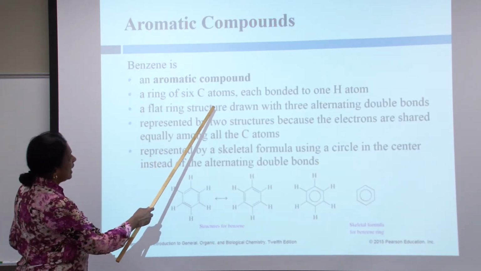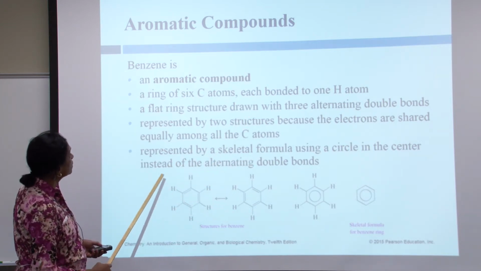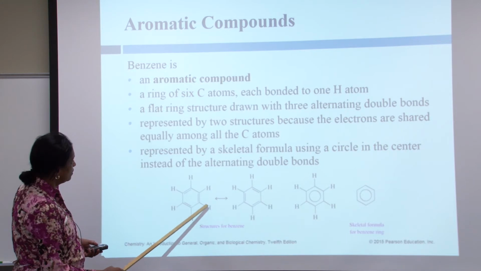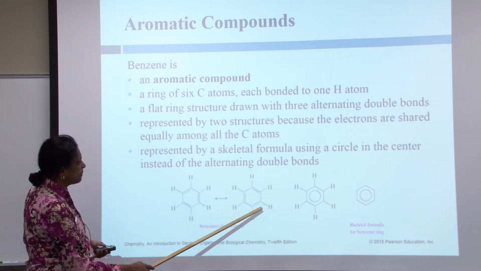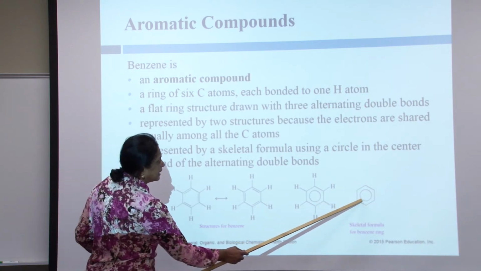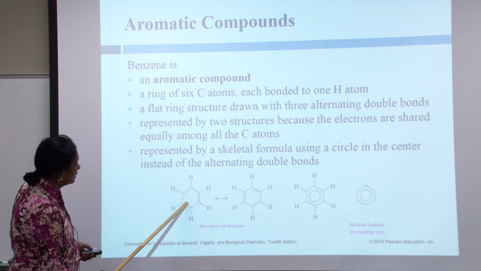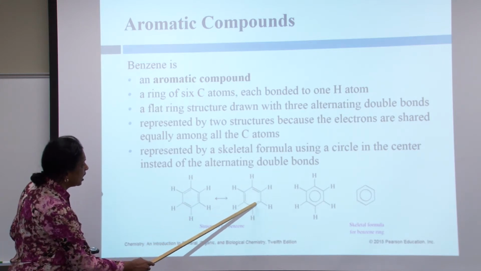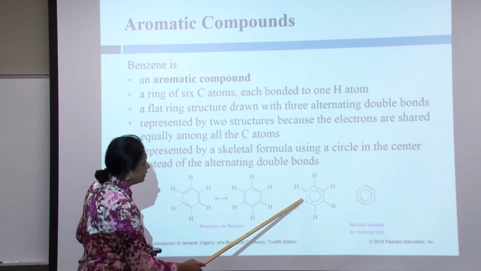Benzene is a ring of 6 atoms, each bonded to 1 hydrogen, with 3 alternating double bonds. This is your structural formula. You can see the expanded formula, and this is the skeletal formula. You see the double bonds, and they are alternating.